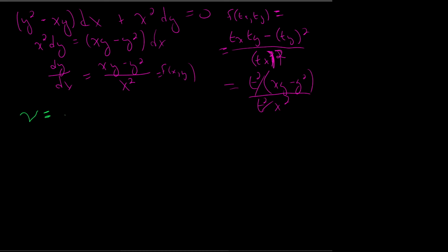So we'll say v is equal to y over x, which means y equals vx. And what we're going to do is come here and replace this. We also get the relationship we had above, which is dy/dx equals v plus x dv/dx.